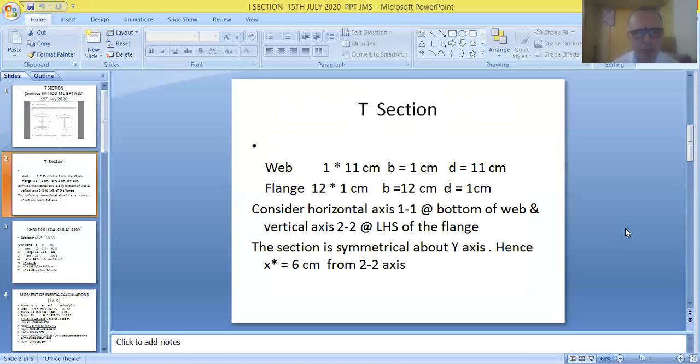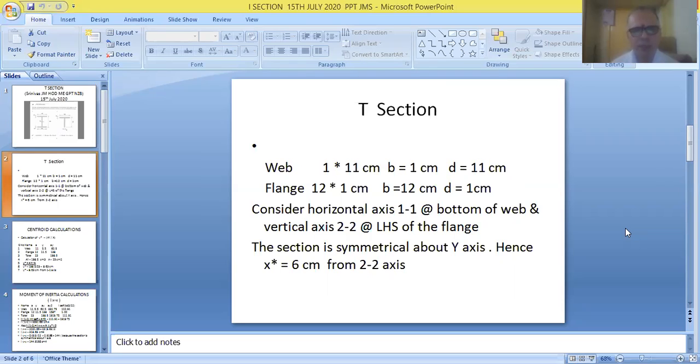I have told you in the first slide. The width of the web is 1 centimeter, depth of the web is 11 centimeter. So far as the web is concerned, it is written as 1 by 11 centimeter.